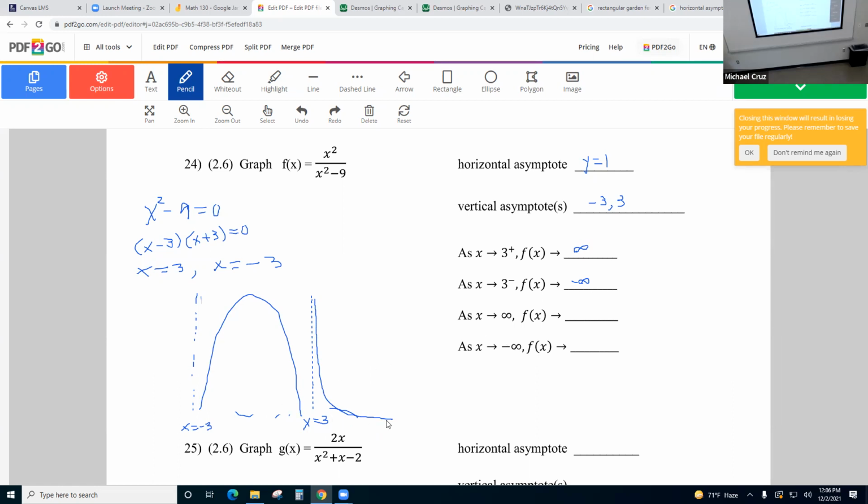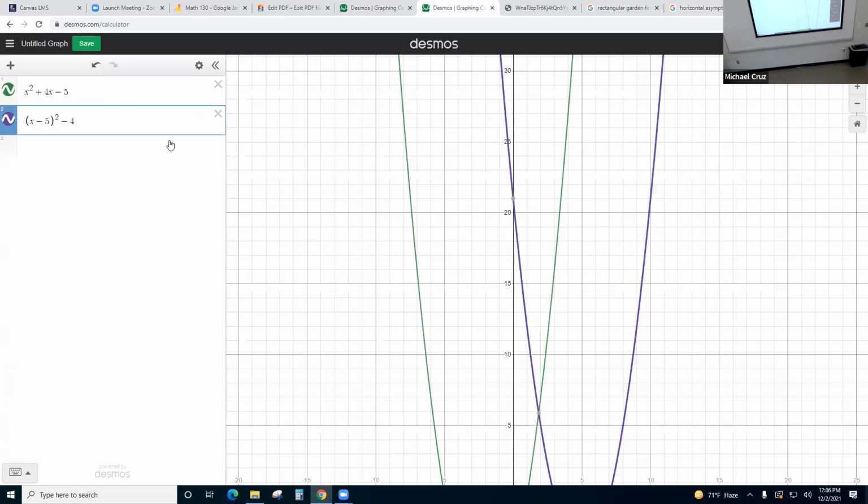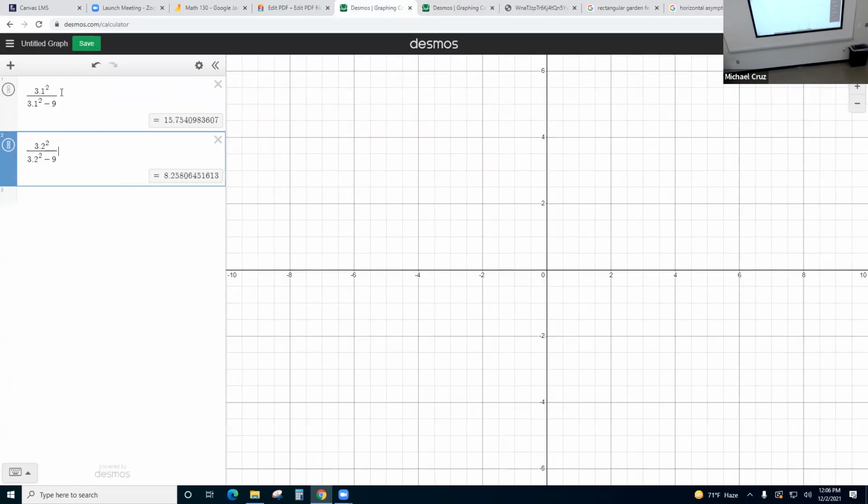So as x is equal to infinity, it's going to be doing the same thing over here. Both of them are 0. Let's graph it and make sure.